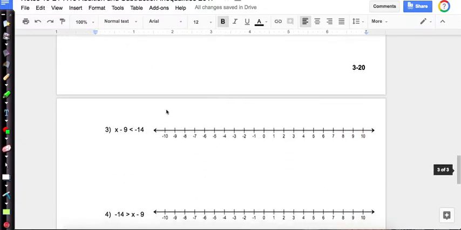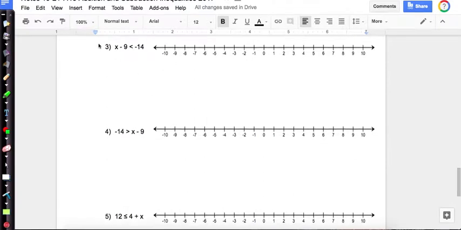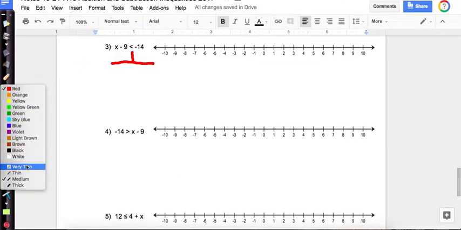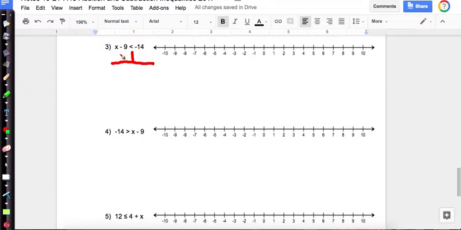Now, number 3 says x minus 9 is less than -14. So I'm going to draw my t. And the opposite of subtracting 9 is adding 9. Got a little ahead of myself there. The 9's cancel.